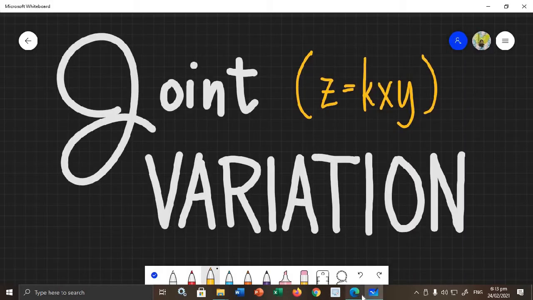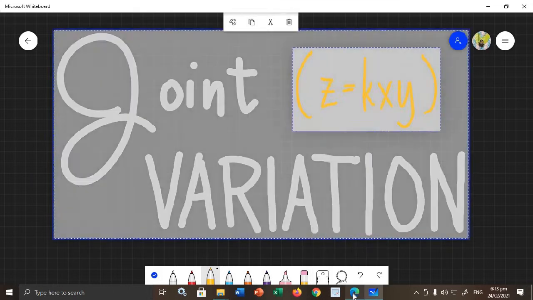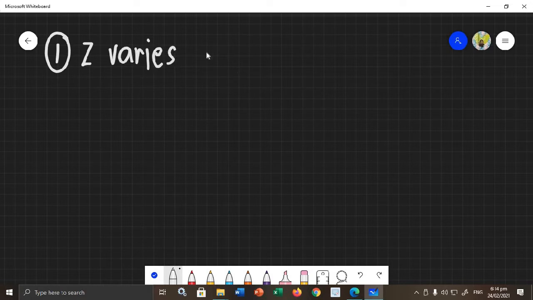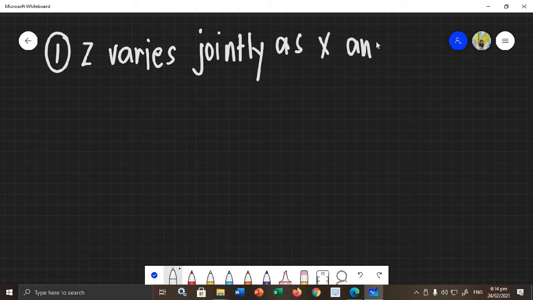So now let us solve problems regarding joint variation. So let's say this is problem number 1. And we have z varies jointly as x and y.